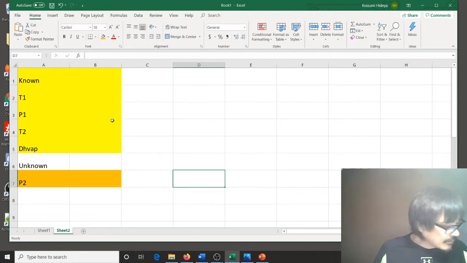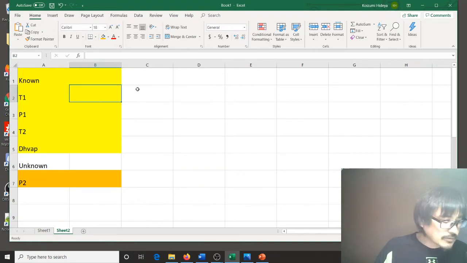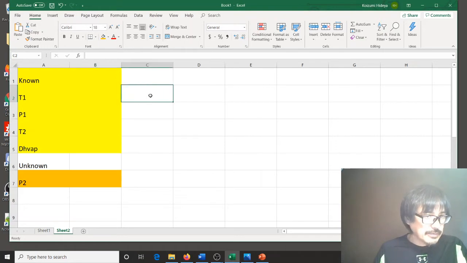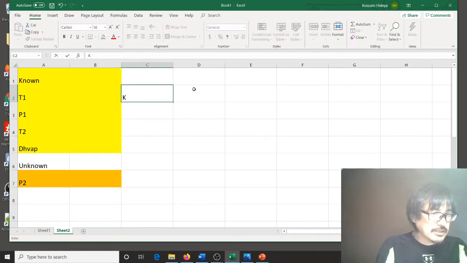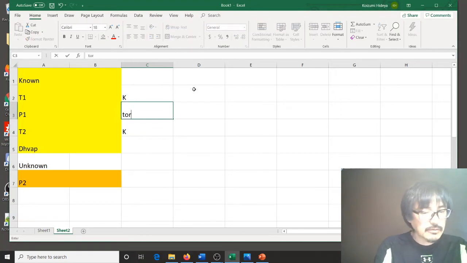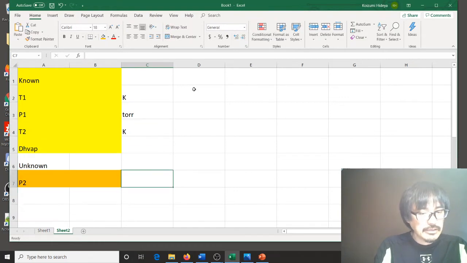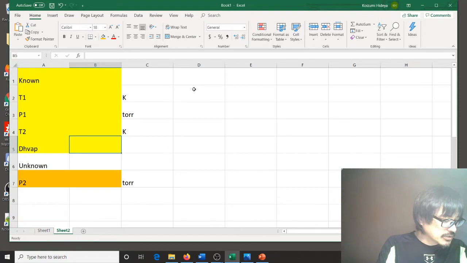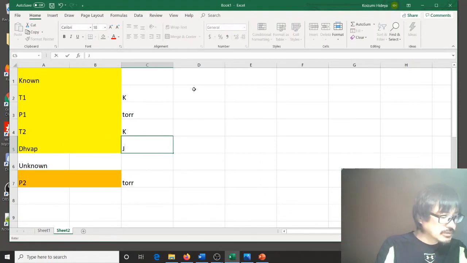What we are going to do next is fill in the stuff that we already know. It's 78.3 degrees Celsius, but you know that this has to be in Kelvin, and P can be in torr, so that needs to be in torr, and delta H of vaporization is in joule. I'm going to change that to joule per mole.